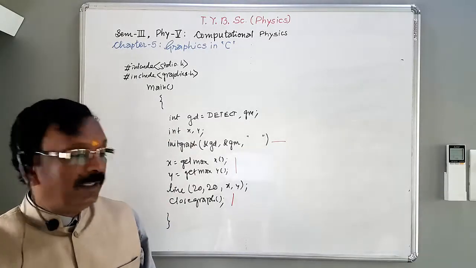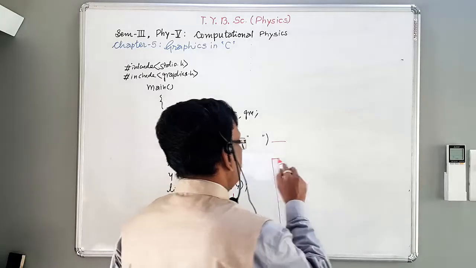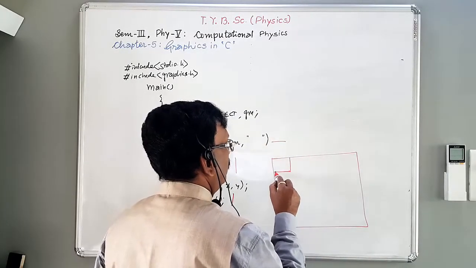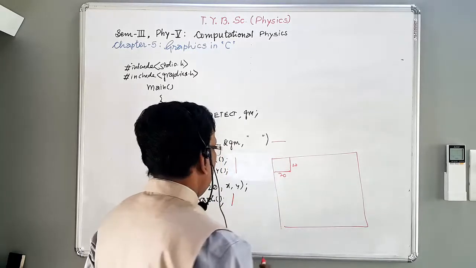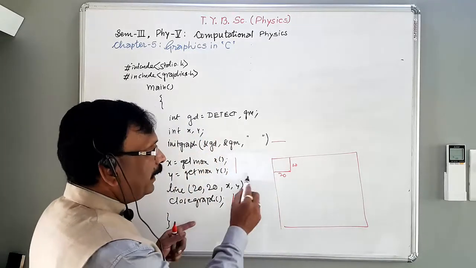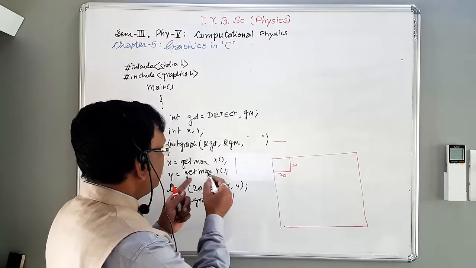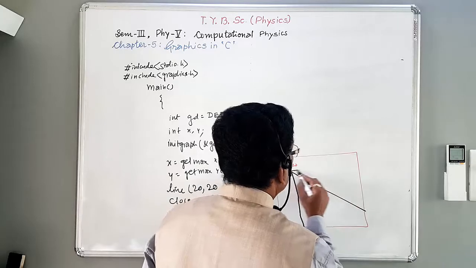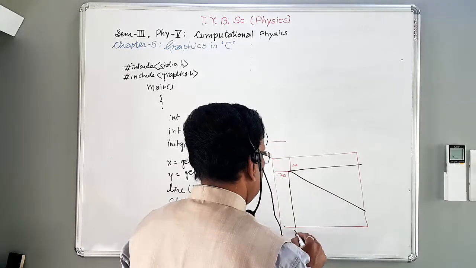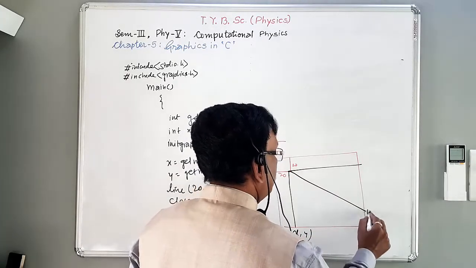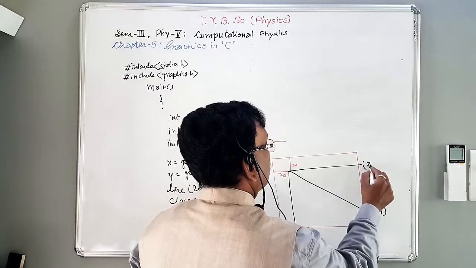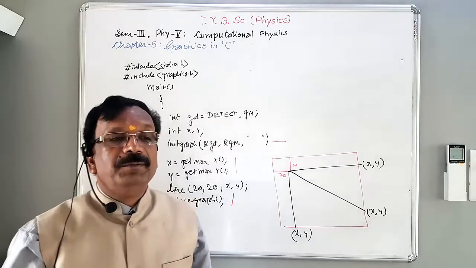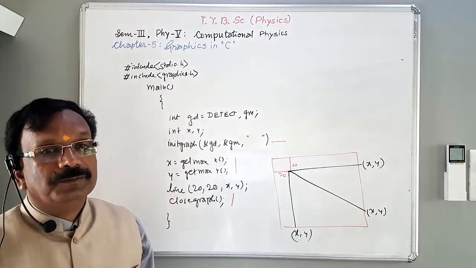When this program is executed, obviously, suppose this is the initial point 20, 20, and we can obtain the maximum x and y coordinate on the computer screen like this or like this or like this. Here x and y, which we specified, the point moves and acquires the maximum position on the screen.